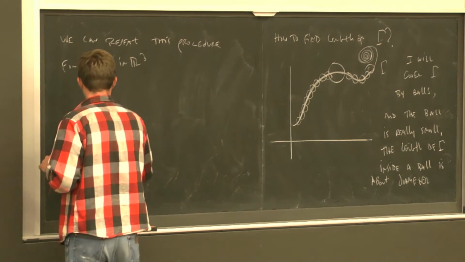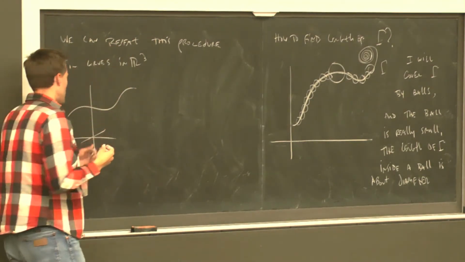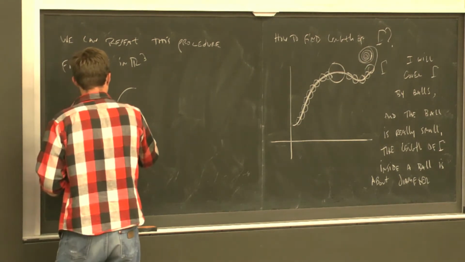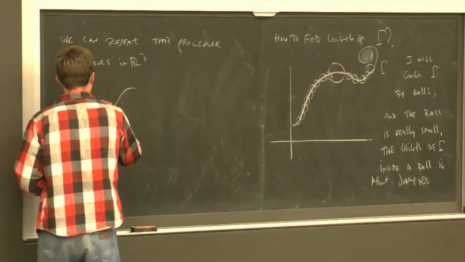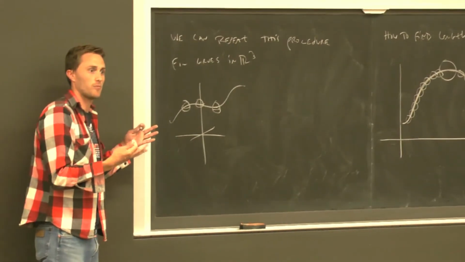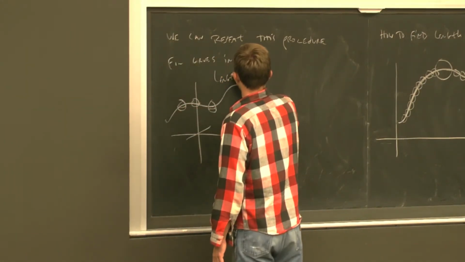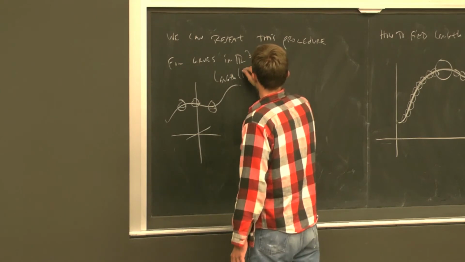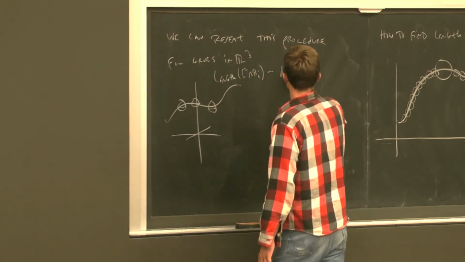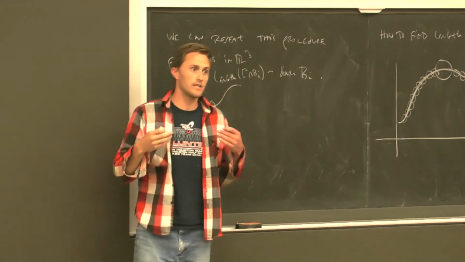If I have R3 here, and I have a curve, the only difference is now I cover it with three-dimensional balls because I'm in R3. But it'd still be the diameter, and the length of the line would still be approximately the diameter of gamma intersect BI, which is still approximately the diameter of BI, right?